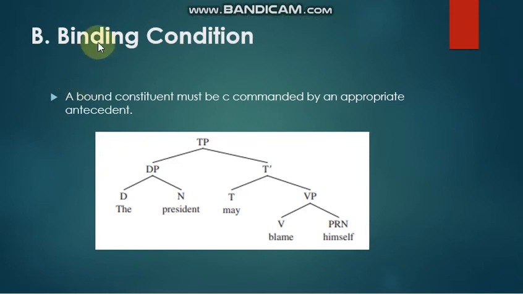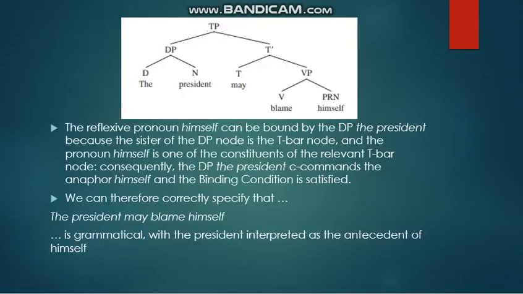Now we also have the binding condition. What is this binding condition? A bound constituent must be C-commanded by an appropriate antecedent. So this is how it looks: "The president may blame himself." This is spelled out from Radford's analysis.